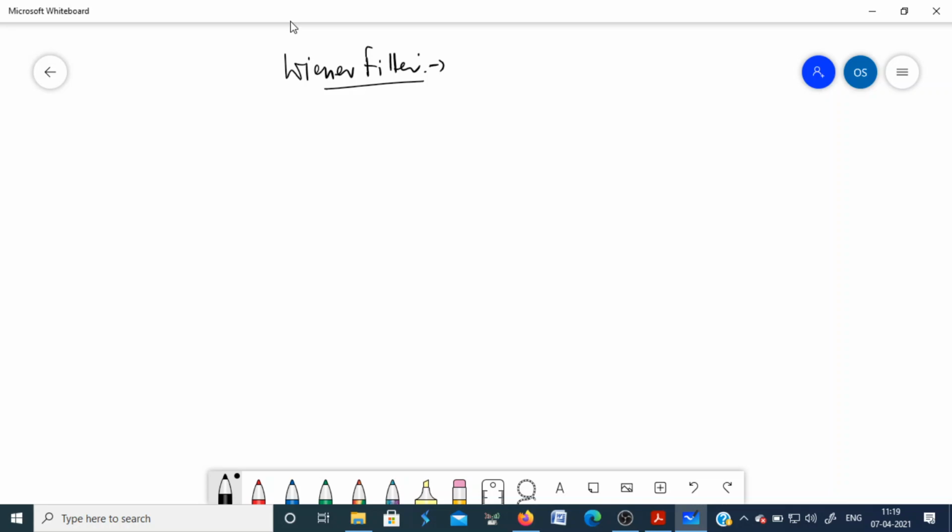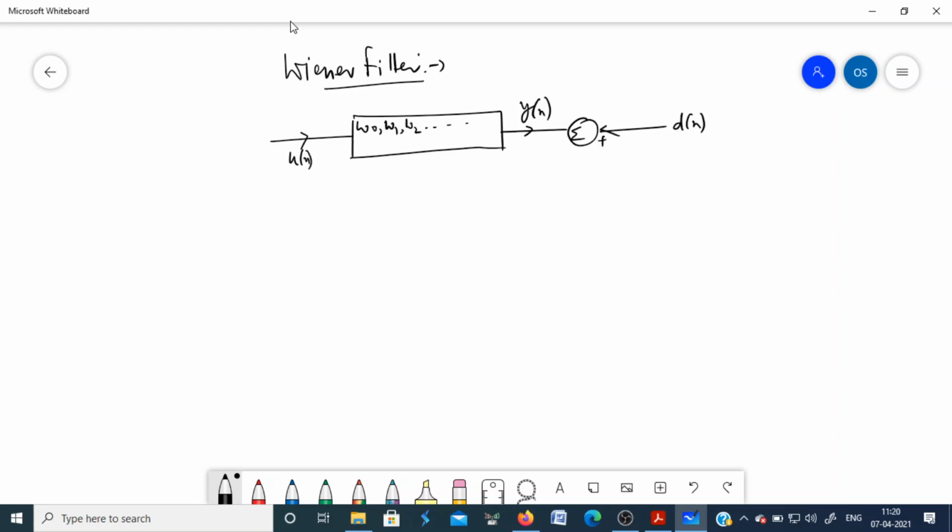The problem statement in the Wiener filter was that, given an input sequence u(n) or x(n) to a discrete time linear time invariant filter having some filter weights w0, w1, w2 and so on, you find the output y(n), and then you have a desired response d(n), and you estimate the error sequence e(n), which is d(n) minus y(n).